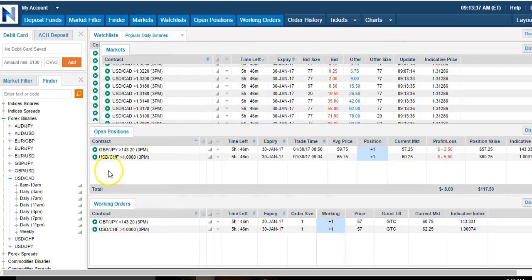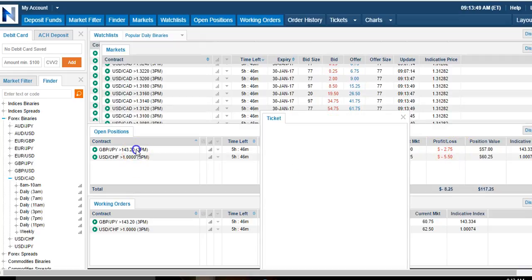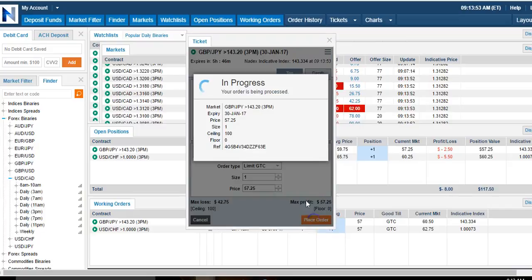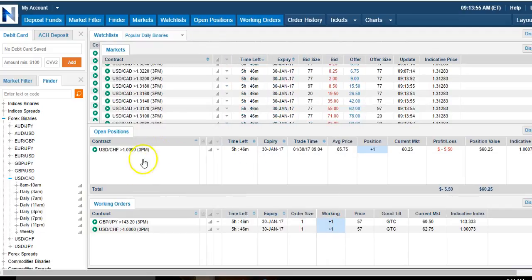So let me walk you through that again. Say this was in profit by $10 or $20 or whatever, with a couple of minutes left, and you just want to get out, or you just want to limit your losses. You can just click on it. Again, it pops up, hit place order, and bam, you see it's no longer in my open positions there. I still have the one working for $57.